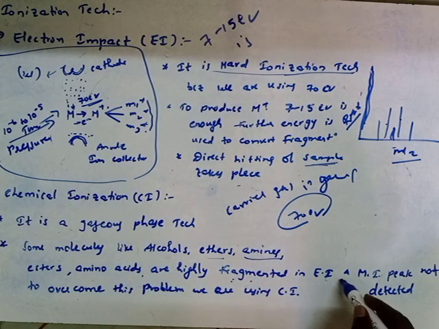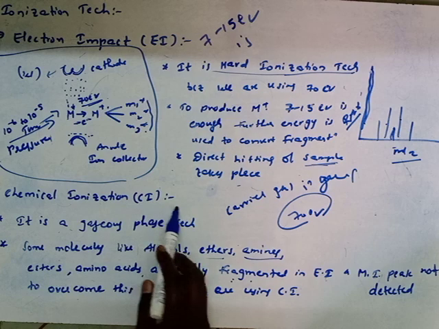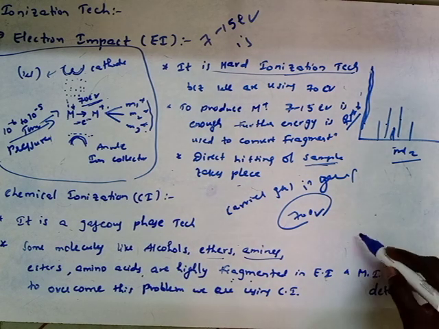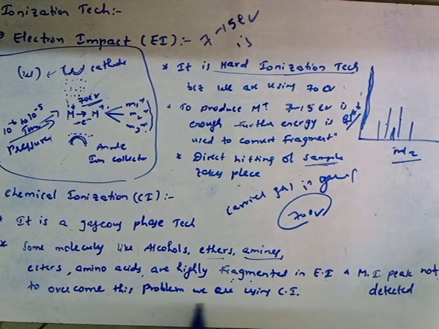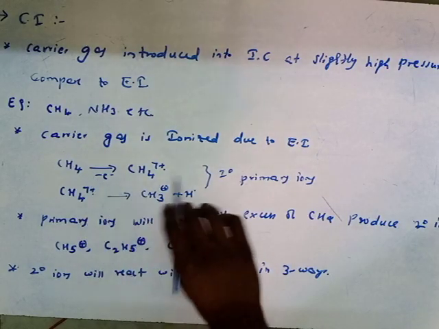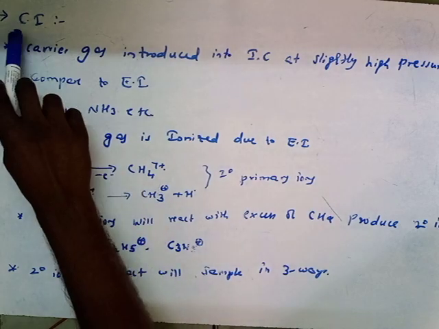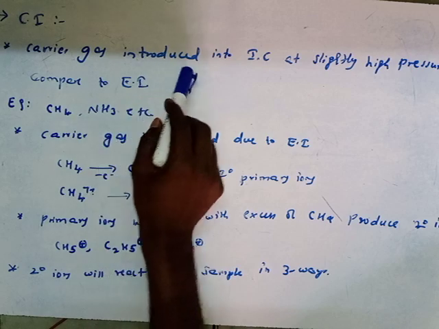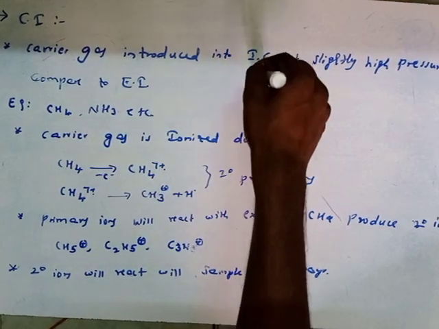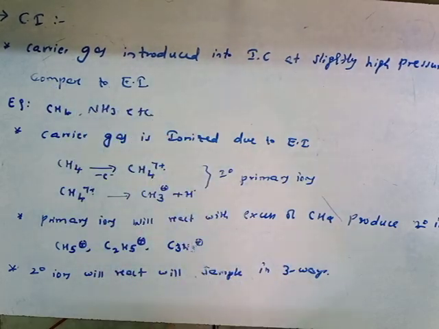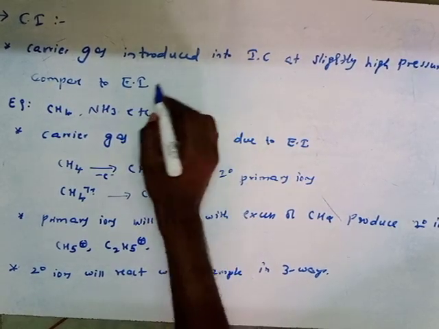To overcome this problem, and to detect the molecular ion peak, we introduce the chemical ionization technique. In this technique, the carrier gas is introduced into the ionization chamber at a slightly higher pressure compared to electron impact.